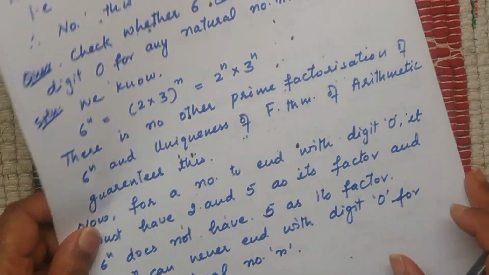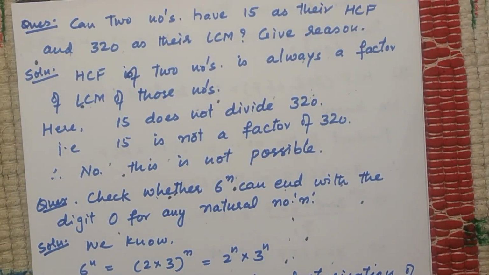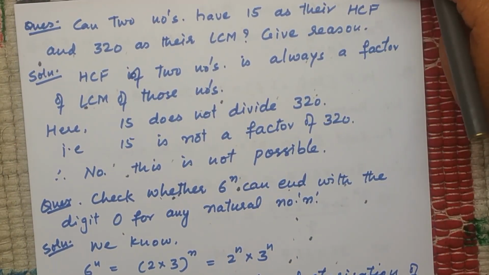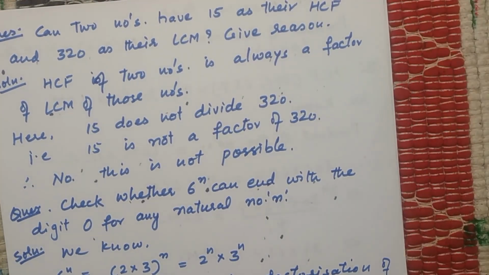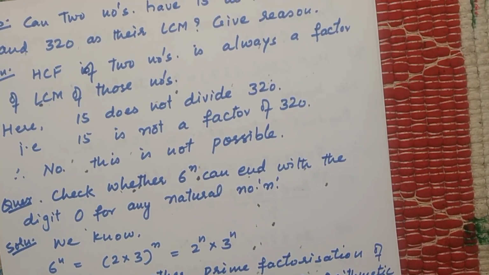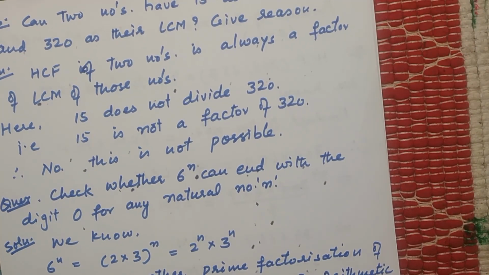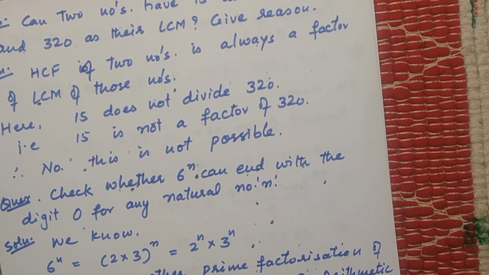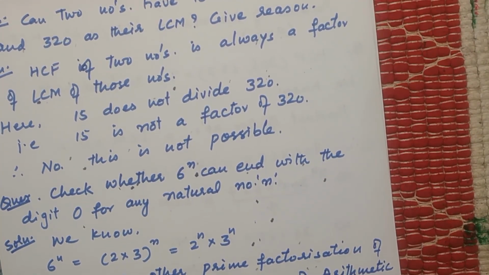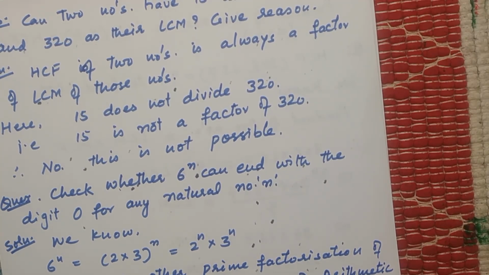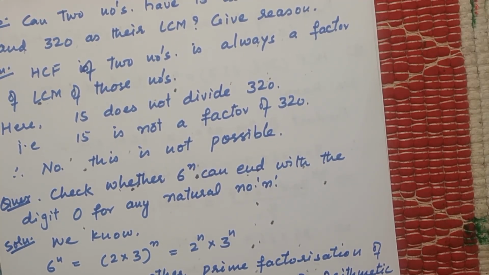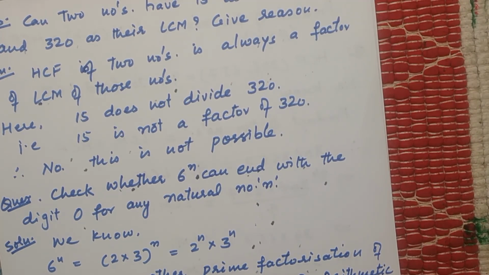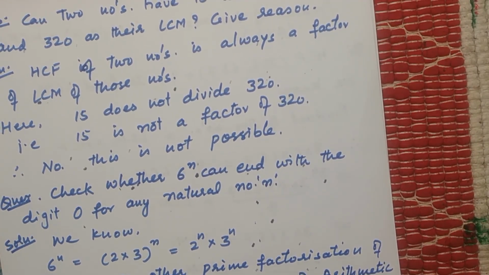One more question before I start with the next question of the exercise. One more similar question. Children, what is HCF? HCF is highest common factor and LCM is least common multiple. Now, HCF of two numbers is the factor of those numbers and LCM of two numbers is the least common multiple of those numbers.